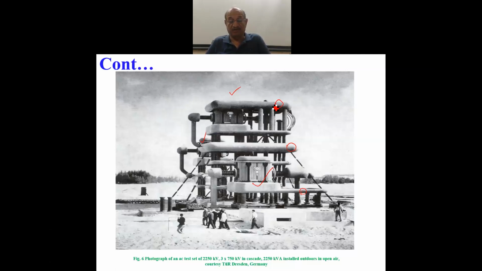Such huge test sets would be required. In our country, we have 800 kV, so even a three-stage 600 kV would be sufficient. 2250 kV would be required when you go for a 1100 kV system of rated voltages.